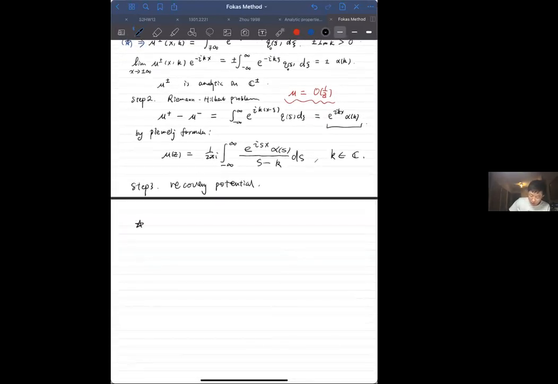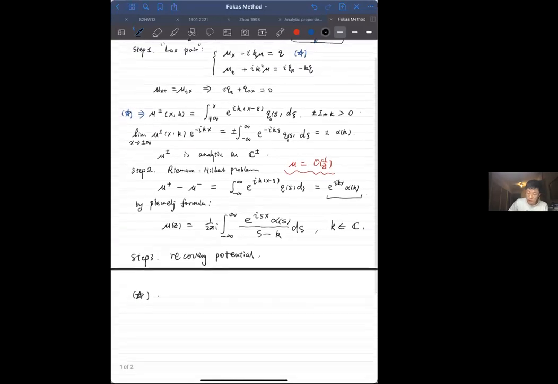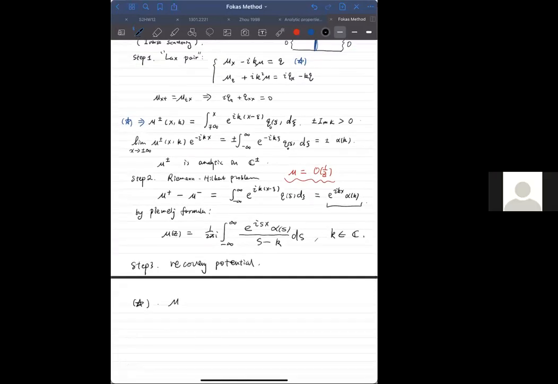Again, from the spectral problem, you let mu be this, plus O. You plug into star, and you will say q of x is minus i mu1 of x.